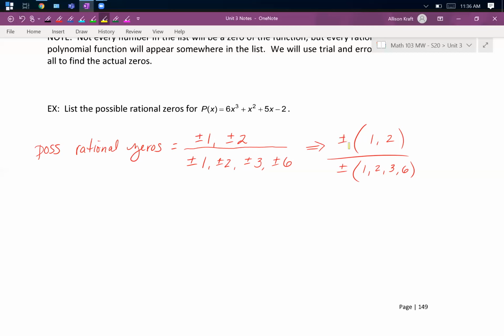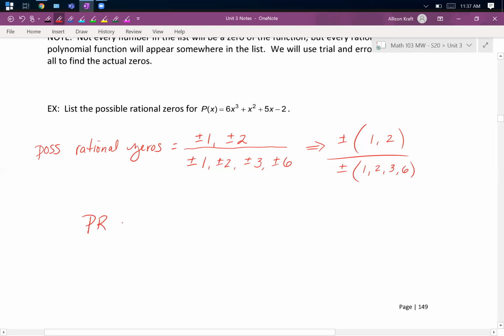If I choose the two negatives and divide, I'm going to get a positive. If I choose the positive from the top and the negative from the bottom, I'm going to get a negative. Or if I choose the negative from the top and the positive from the bottom, I'm going to get a negative. So when we divide a plus or minus by a plus or minus, we get a plus or minus.